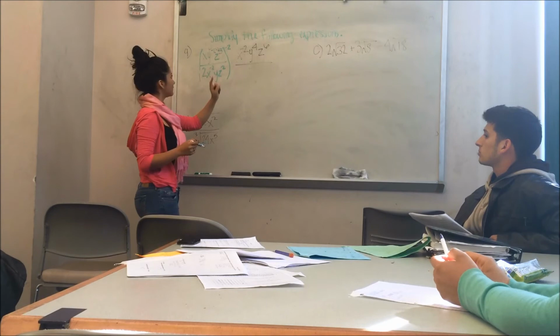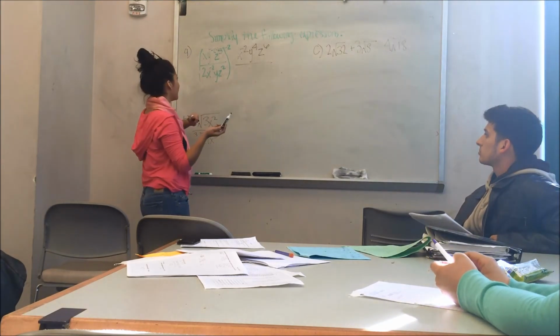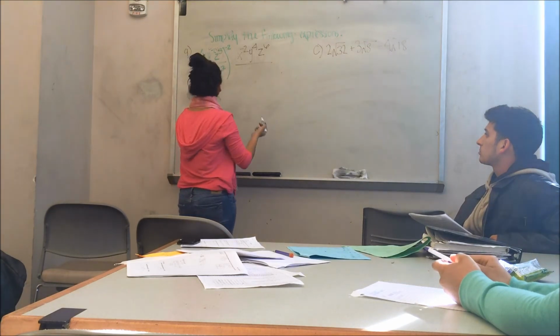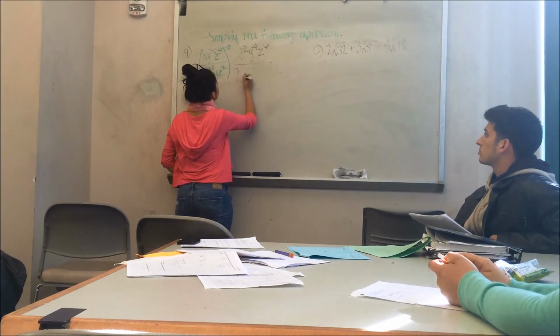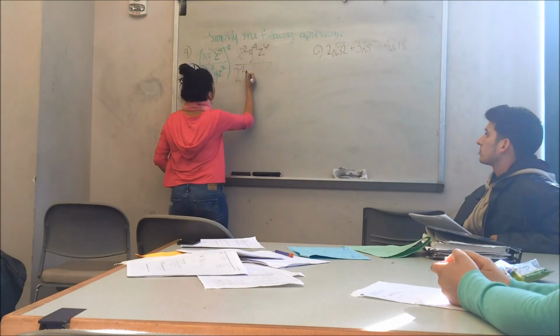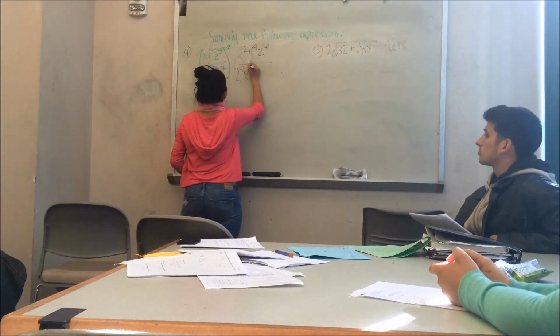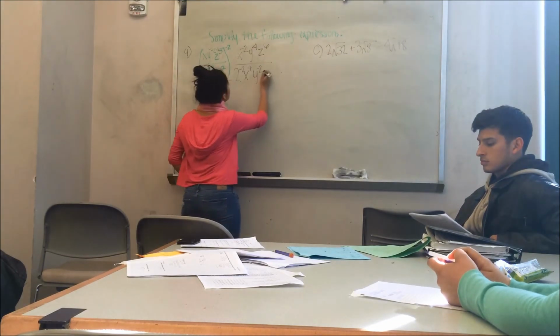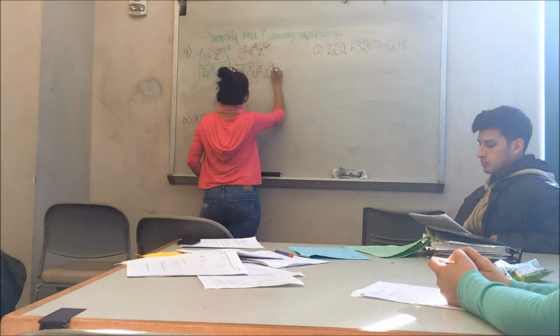Y is to the -2, so when you multiply by -2 it is 4. And then z is 6 because -3 times -2 is 6. And then you distribute to the bottom, which is 2 to the -2, x to the 4th, y to the -2, and z to the -4th.